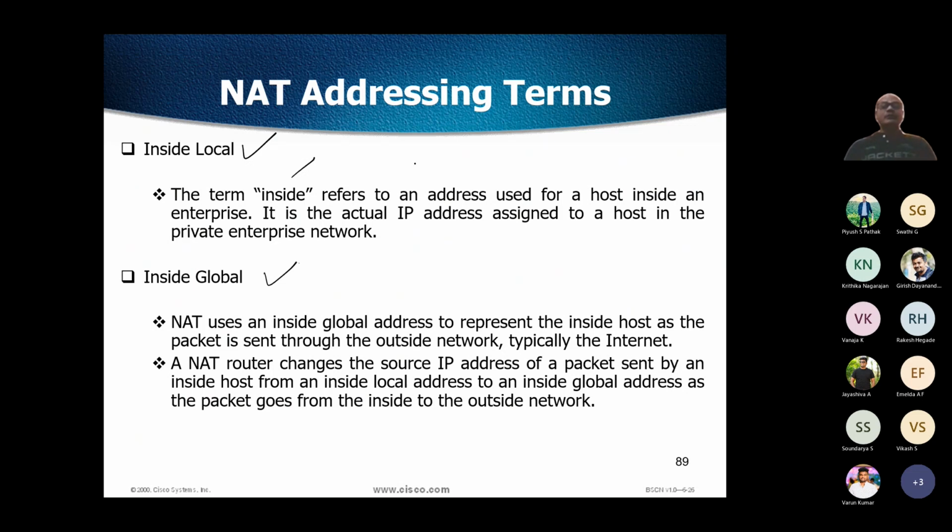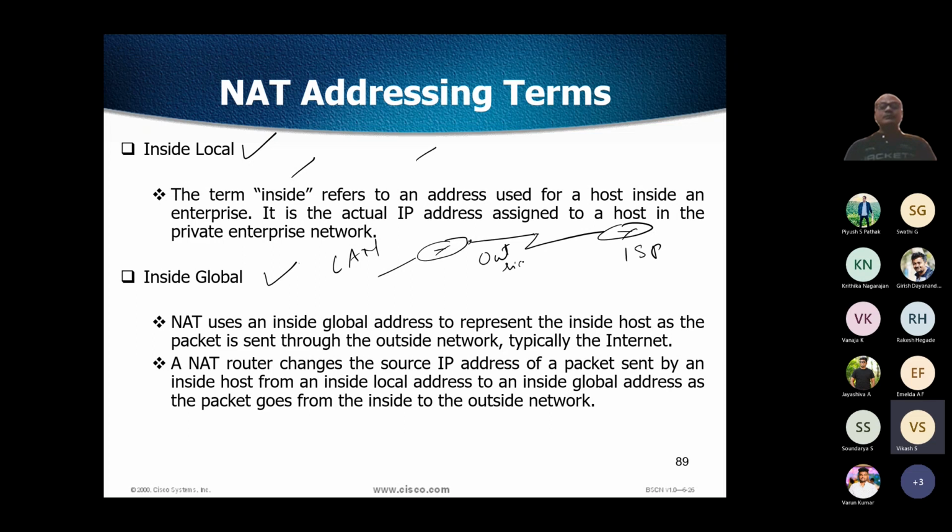The term inside refers to your inside network. Imagine this is my router, connected to one of the LANs, and this interface is connected to your ISP. This interface we will call outside.